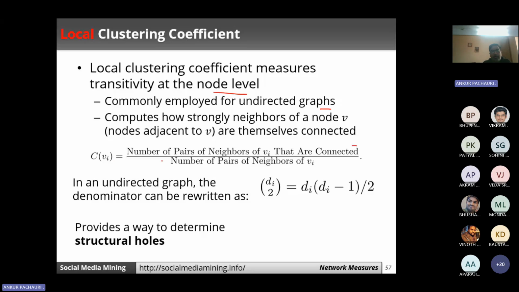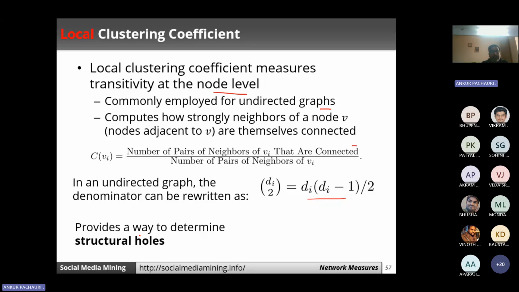So C_i will be the number of pairs of neighbors of V_i that are connected to each other divided by the total number of pairs. In an undirected graph, the denominator will be d_i times d_i minus 1, divided by 2. If it is a directed graph, then it will be d_i times d_i minus 1.